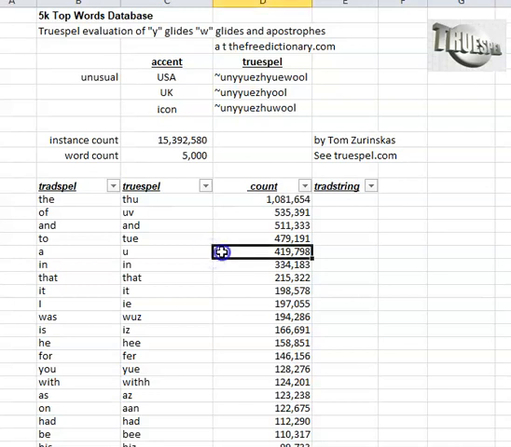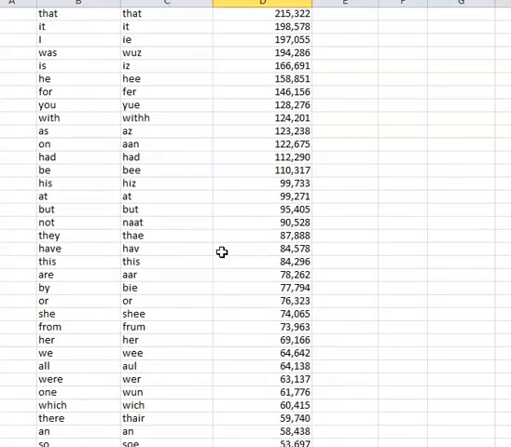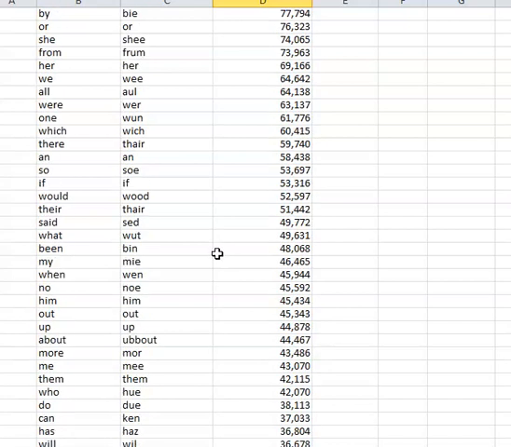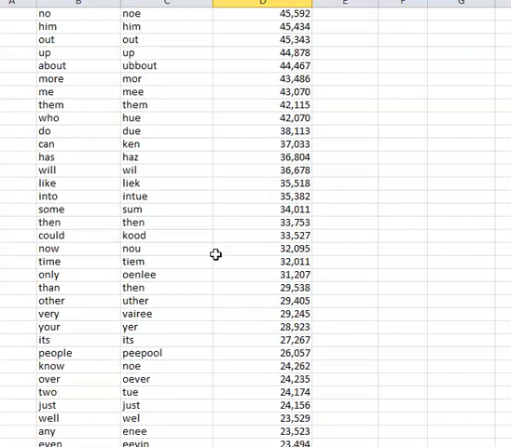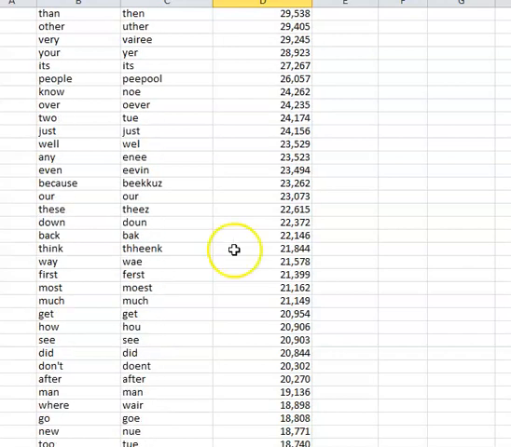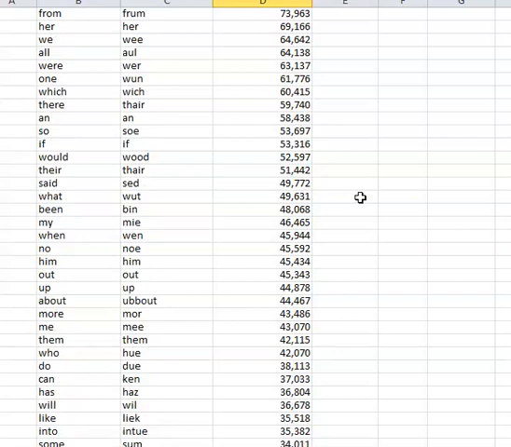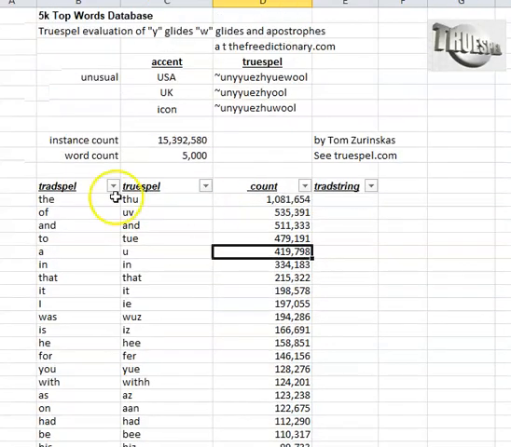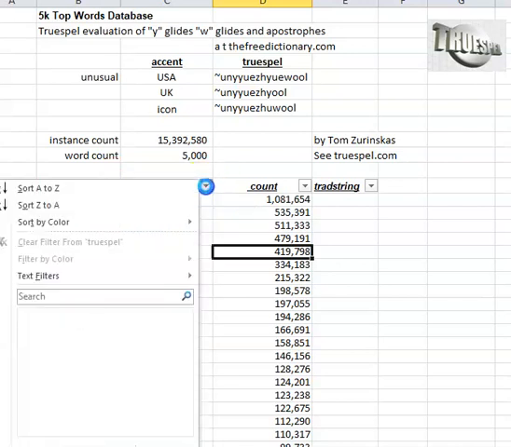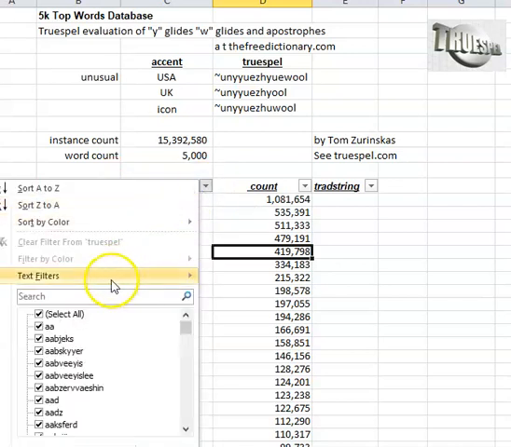There are more words, and more frequency of words. Anyway, you can pause on each one of those to see what the frequency of words are. And now, why don't we look for all the Y sounds we can find?